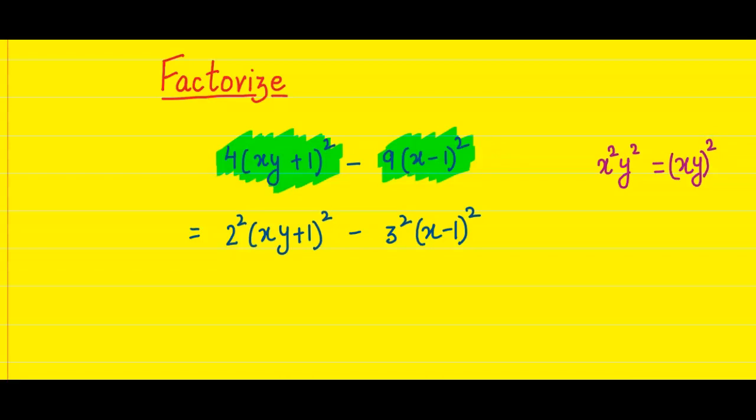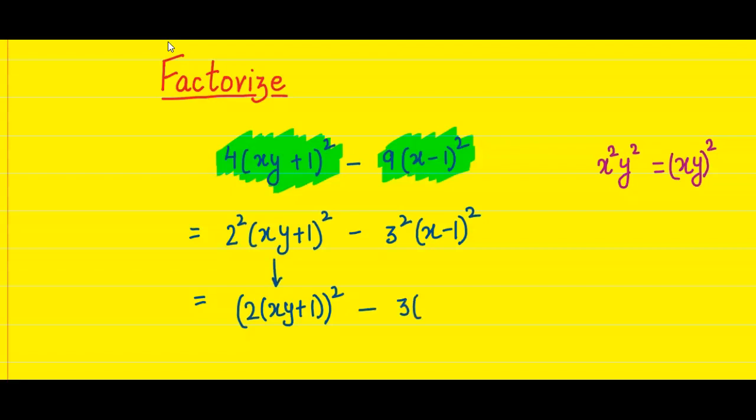So similarly, we are going to write over here this whole thing in one bracket only, raised to the power 2. Because 2 is also raised to the power 2 and xy plus 1 whole is also raised to the power 2. So we can write this expression in this way.